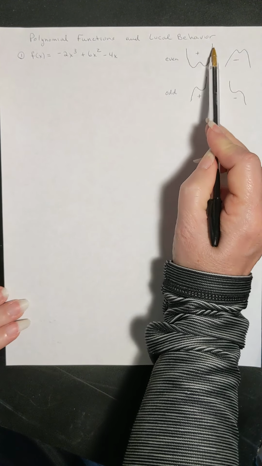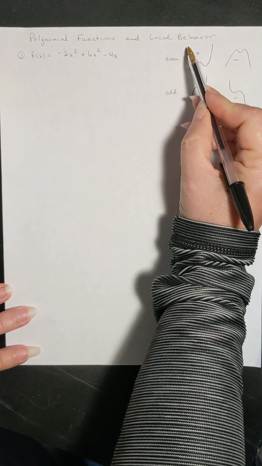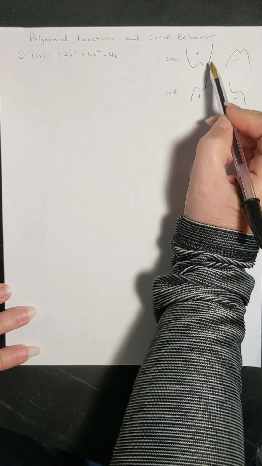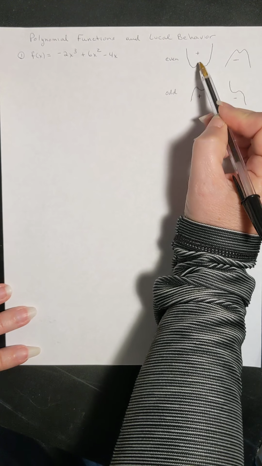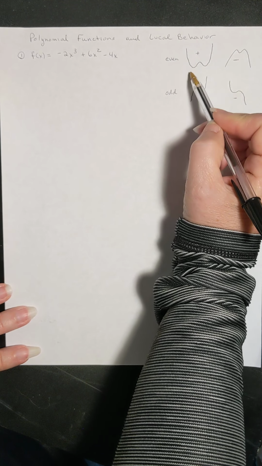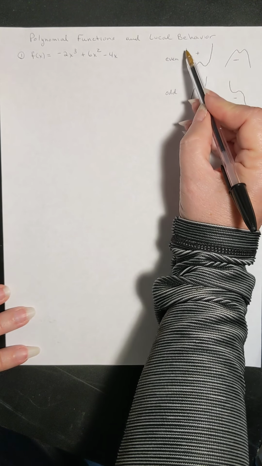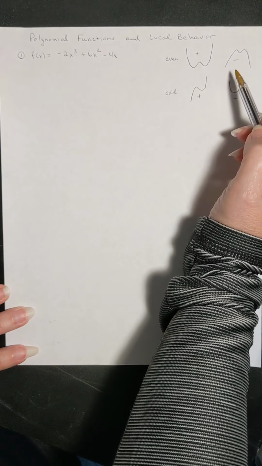Also notice a couple of things. These are always smooth curves, so they don't have any jagged edges. It's always smooth, and it's always continuous. Continuous means you can draw it without picking up your pencil.